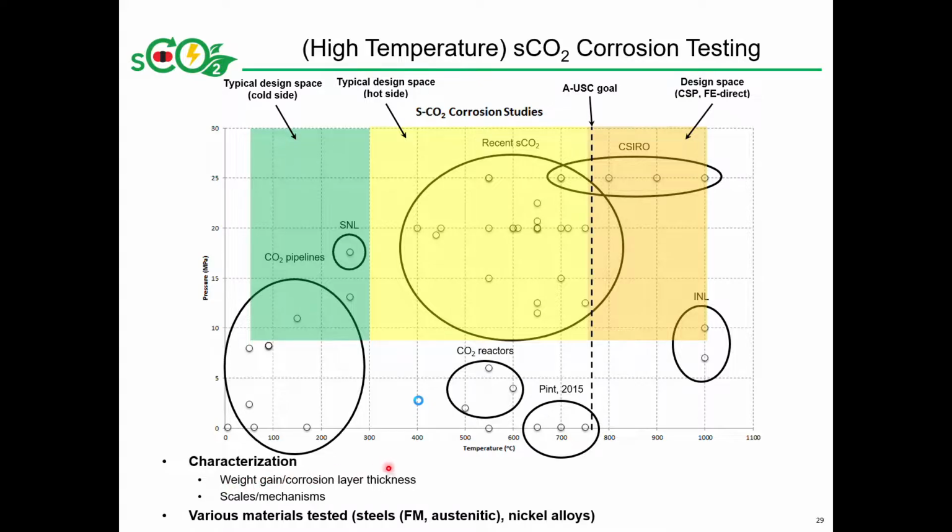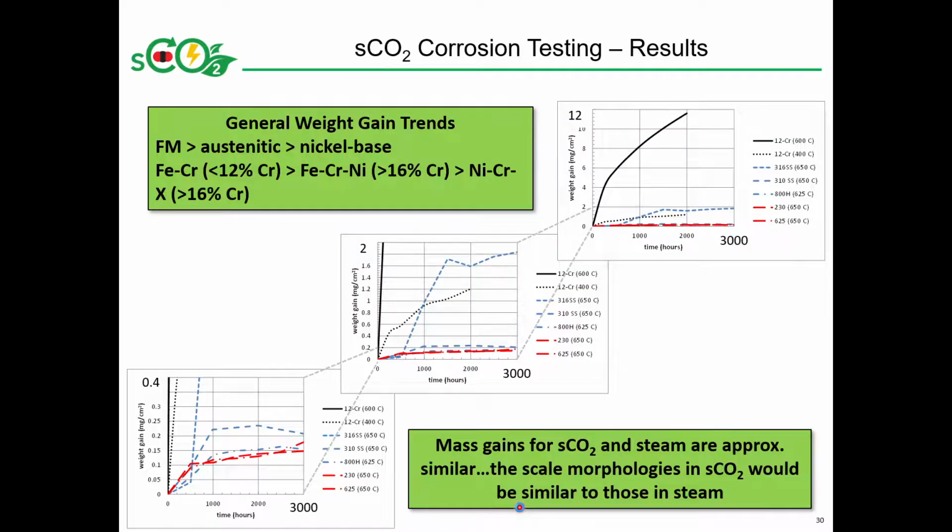Some studies have shown corrosion layer thickness as well, and the scales and mechanisms of the corrosion have been covered there as well. In terms of the materials tested, they cover the whole gamut of materials, so various steels, ferritic martensitic, austenitic, and nickel-based alloys as well. And what have the results told us?